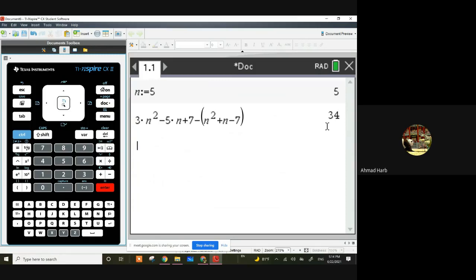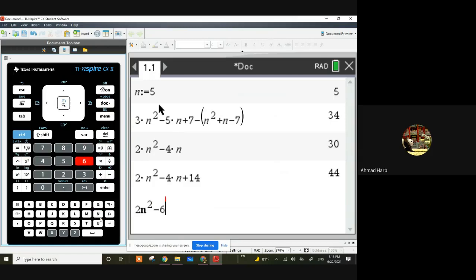Now, which of the answer choices is equivalent to it? Let's try the first one, 2n squared minus 4n. Is that equivalent to 34? No, it's 30. Let's try the next one, 2n squared minus 4n plus 14. Is that equivalent to it? No. Let's try the next one, 2n squared, you get the idea, minus 6n.